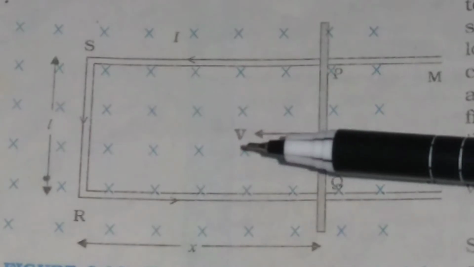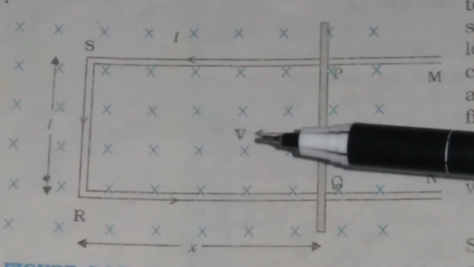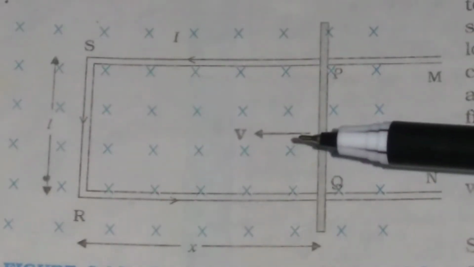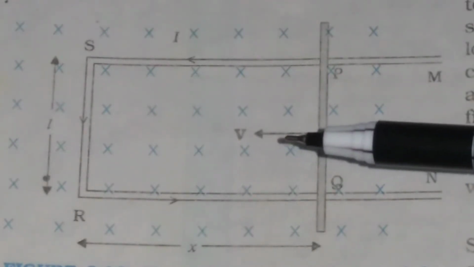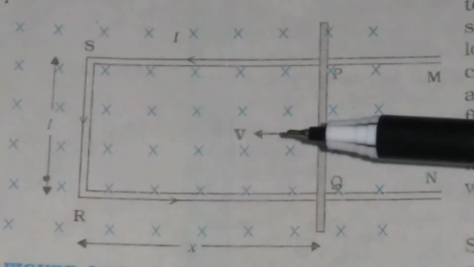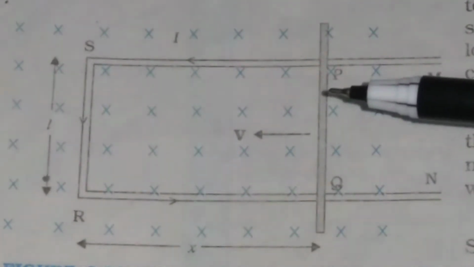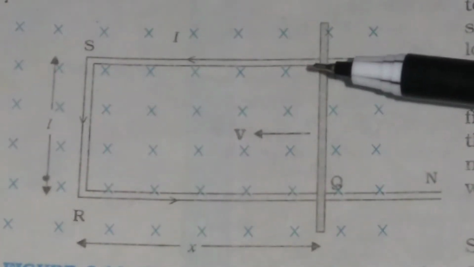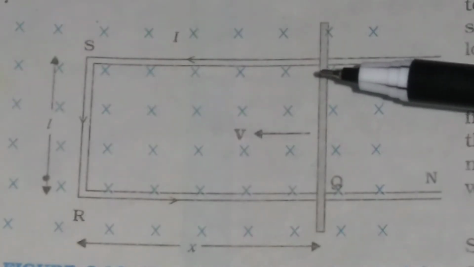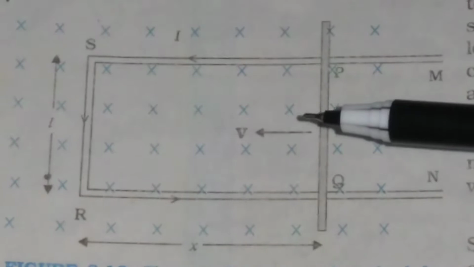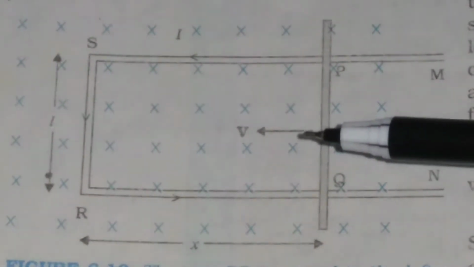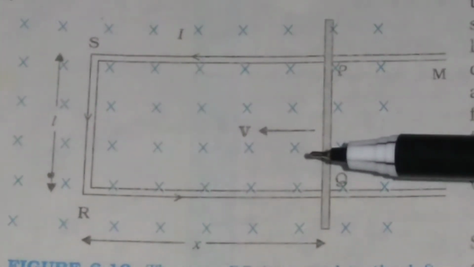Let us move the conductor PQ towards left with velocity v, and assume that there is no loss of energy due to friction. When this conductor moves, friction will be produced, but let us assume that there is no loss of energy due to friction.